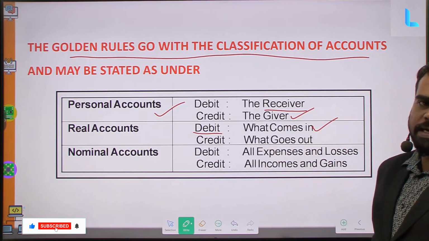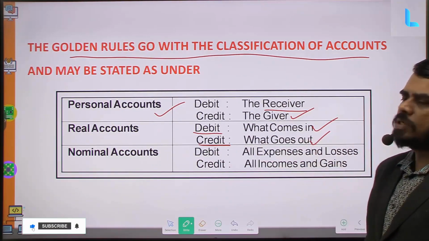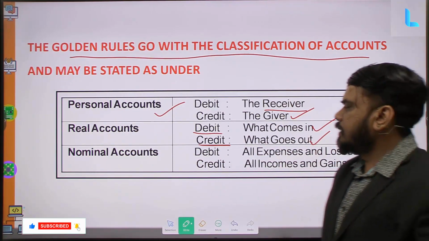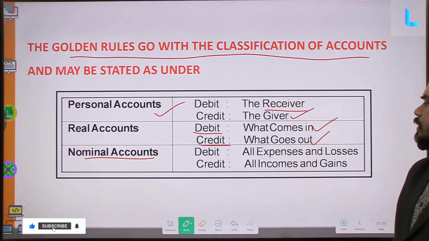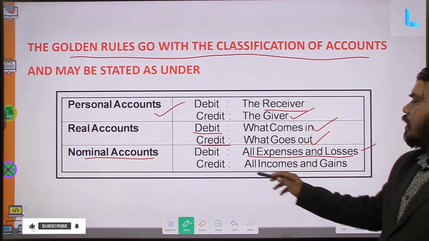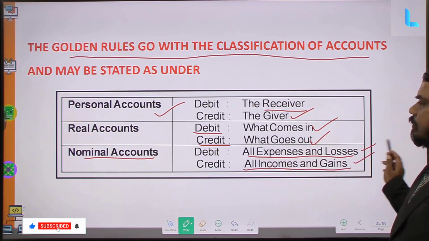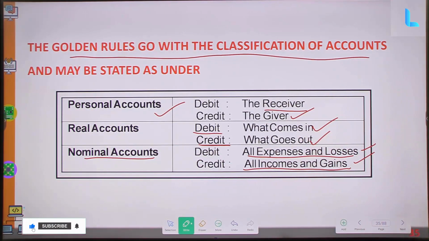What comes inside. And which one we have to credit? We have to credit what goes out of the company. Next is nominal accounts. According to this, all the expenses and losses we have to debit. Similarly, all incomes and gains we have to credit. So these are the golden rules of debit and credit.